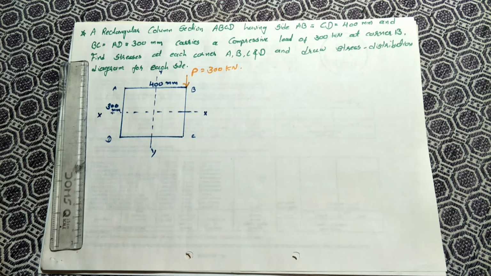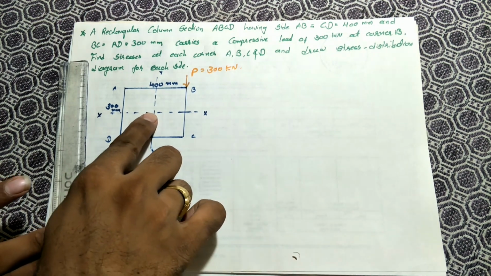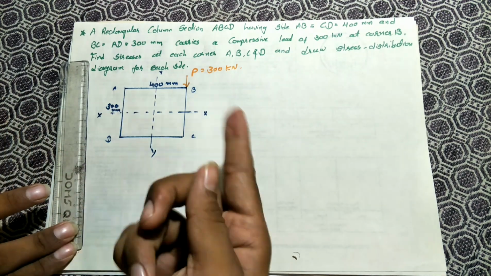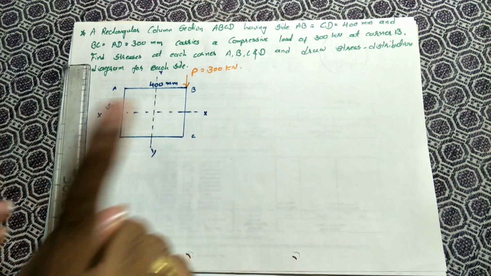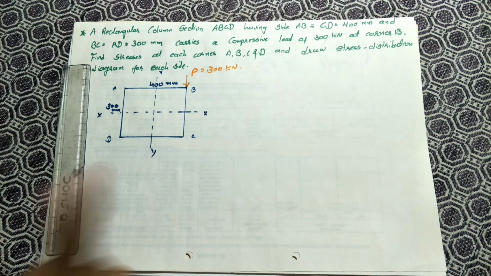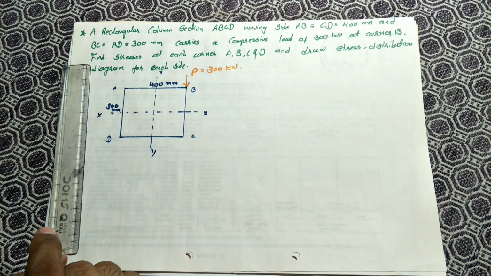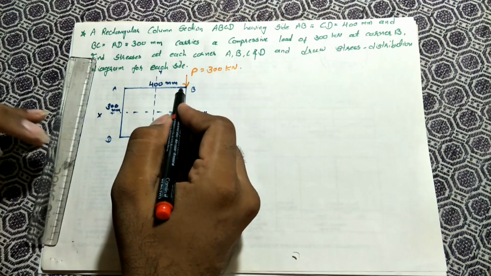This type of loading, where your load is not acting at the center of your body, is called eccentric load, and the distance for it is called eccentricity, the eccentric distance. So we have a distance over here, from the center to this P.